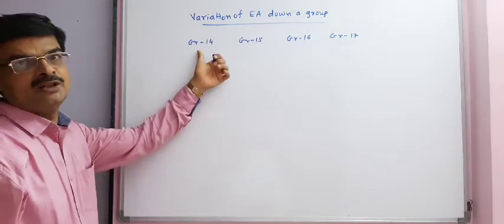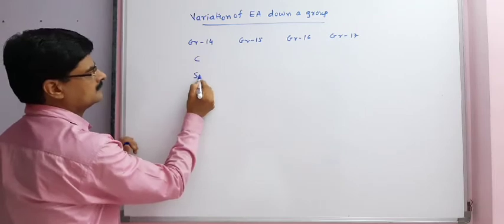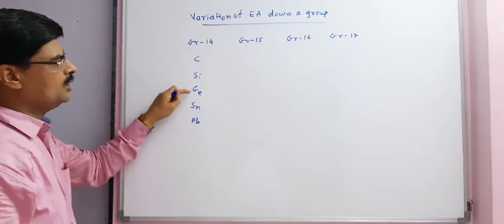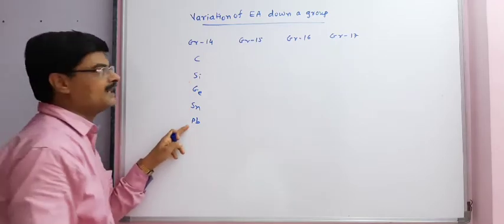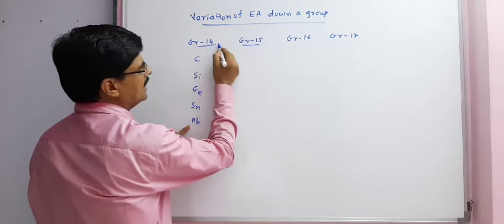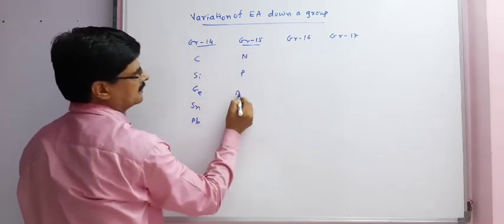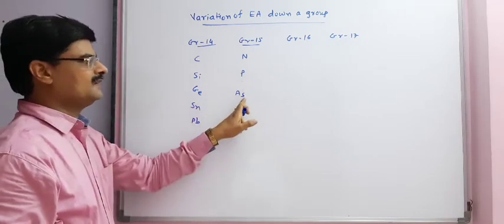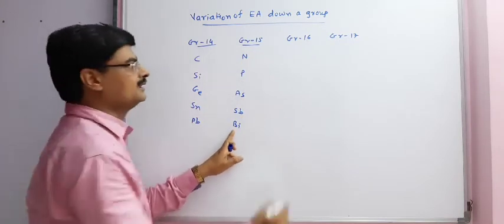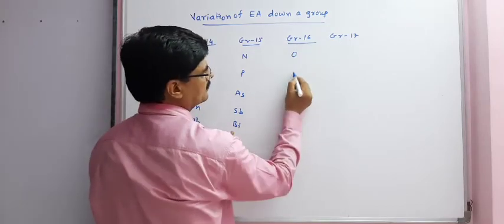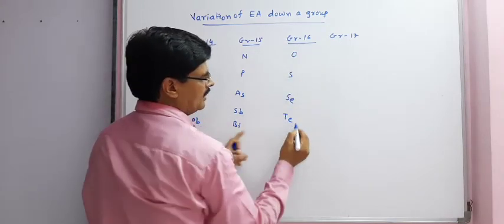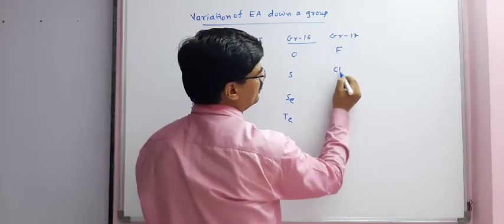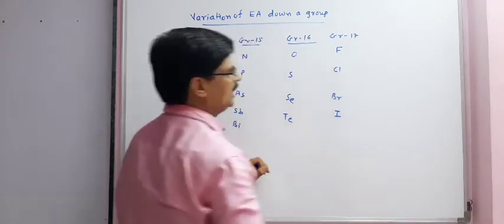The elements present in group number 14 are carbon, silicon, germanium, tin and plumbum or lead. In group number 15, the elements present are nitrogen, phosphorus, arsenic, antimony and bismuth. For group number 17, we will not take astatine, we will take only fluorine, chlorine, bromine and iodine.